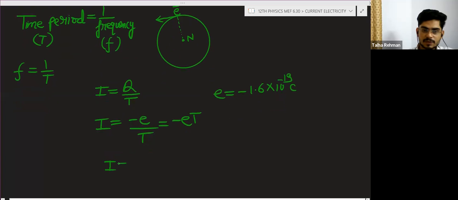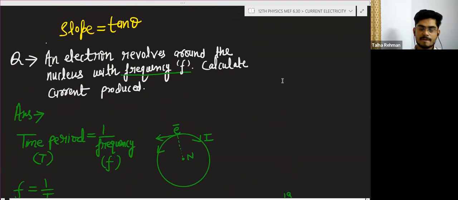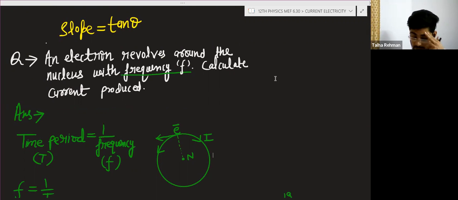So I is equal to minus e f. This minus sign says that if electron is moving in one direction, then the direction of current will be in the opposite direction. So please note it down. Time period is equal to 1 upon frequency.